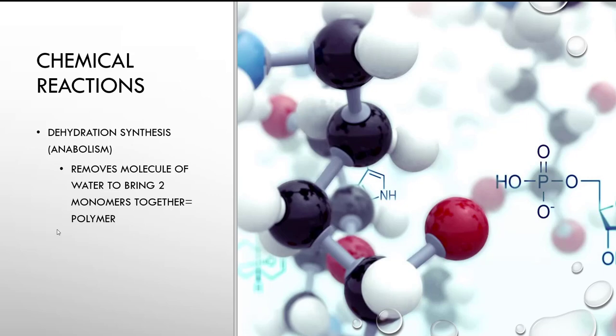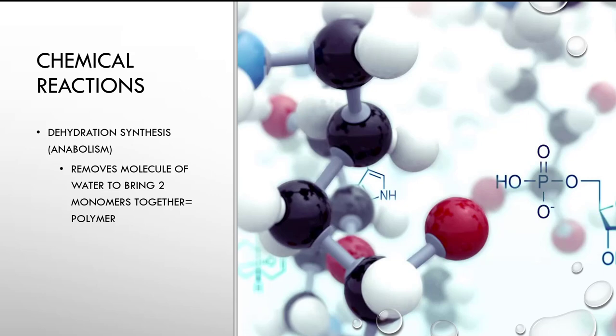How this happens is we have the monomers, and remember, the monomers have a hydroxyl group on one side and a hydrogen group on the other side. When we bring them together, we simply remove the hydroxyl of one monomer and the hydrogen of another, and that forms what? Forms water. That allows for the reaction to take place where the 2 monomers will be linked together.